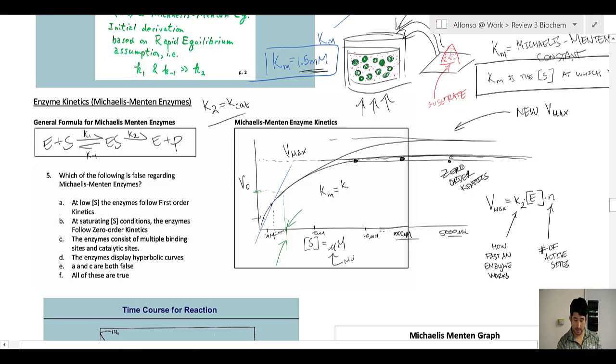Km is equal to K sub minus 1 plus K2 over K1. So essentially in this equation, look at K sub minus 1 and look at K2. These top values are these values over here. K sub minus 1 and K2 are the dissociation of the enzyme substrate complex over the association, over the formation.